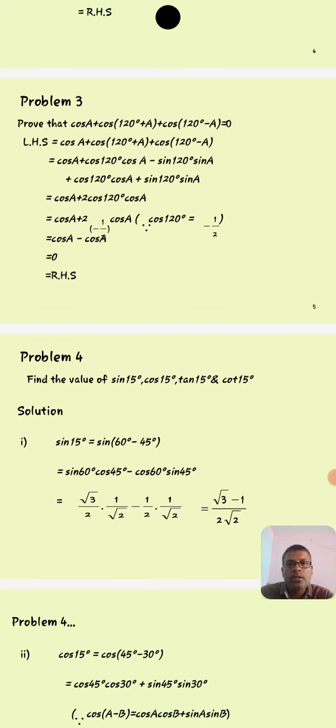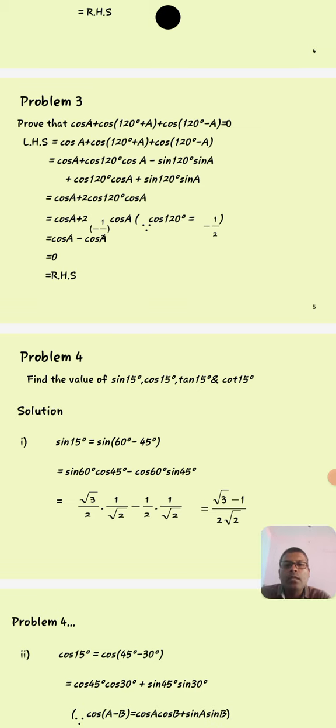Are you clear? Now we have to take the LHS. LHS is equal to cos a plus cos of 120 plus a plus cos of 120 minus a. Okay. Now cos a plus cos of 120 plus a.